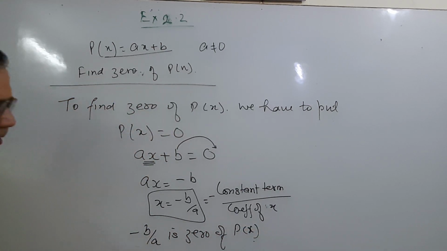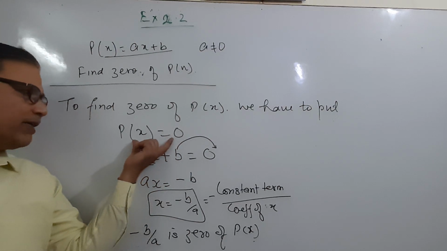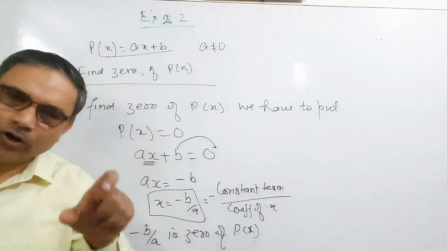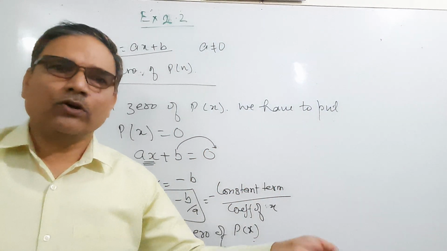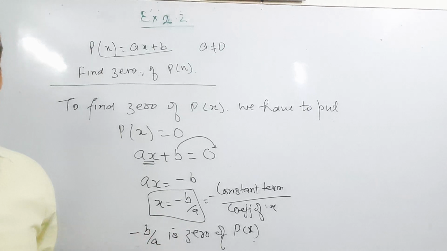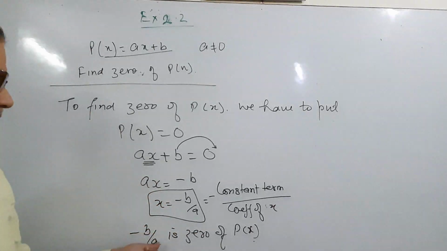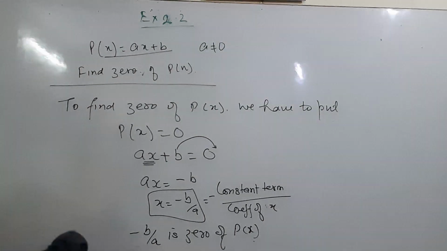Why is minus b upon a the zero of p(x)? Because we put p(x) equal to 0. When we put p(x) equal to 0, the value of x which we obtain will be the zero of p(x). Therefore, minus b upon a is the zero of p(x).